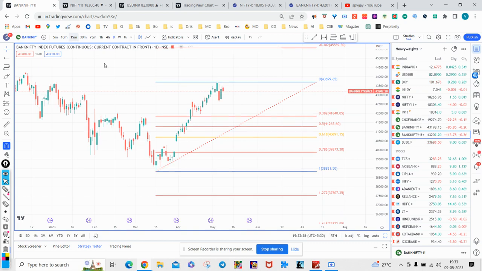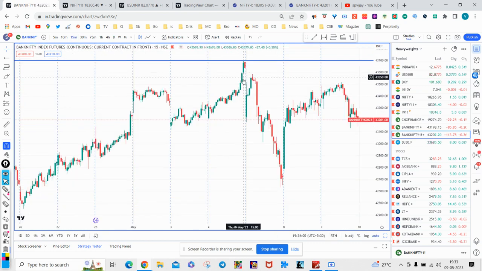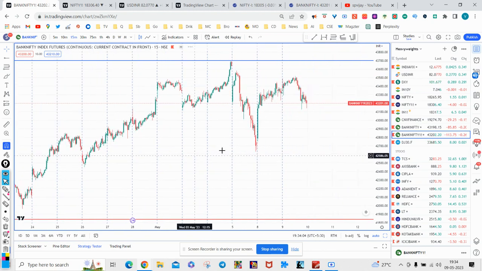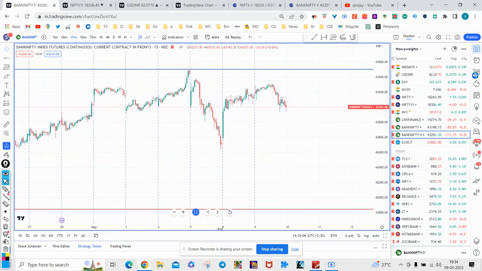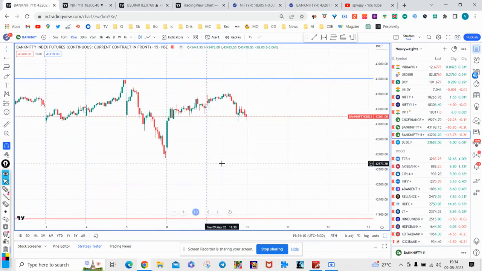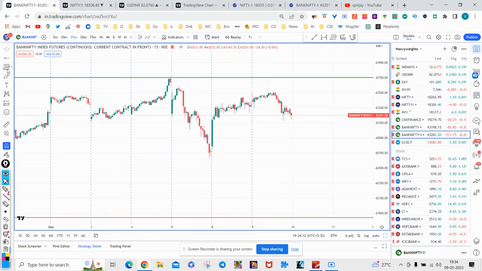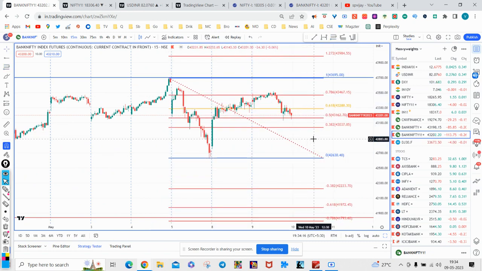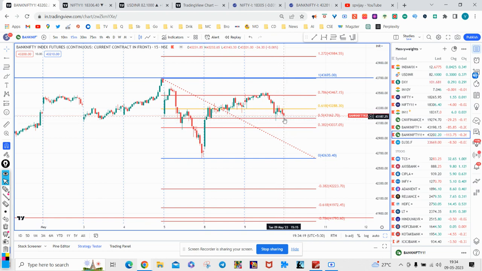When you look at the 15-minute time frame also, there is this recent swing, which I was mentioning. From this swing to the recent swing, Bank Nifty has sustained above the 50% level of the fall. If it is above 50% of the recent swing, it is a healthy picture.